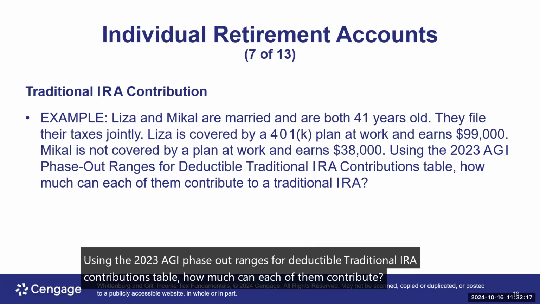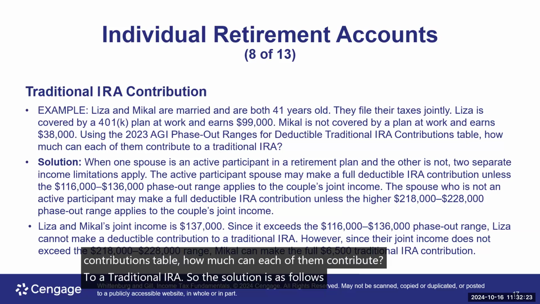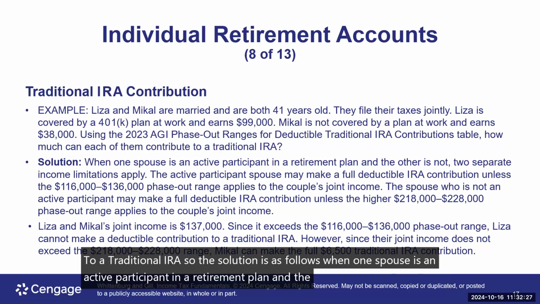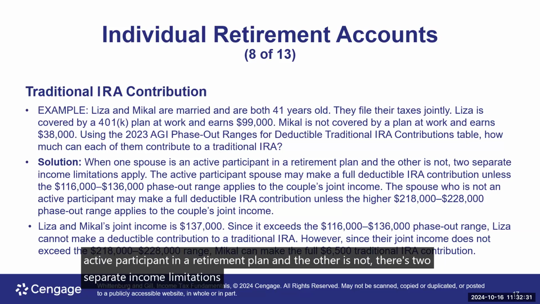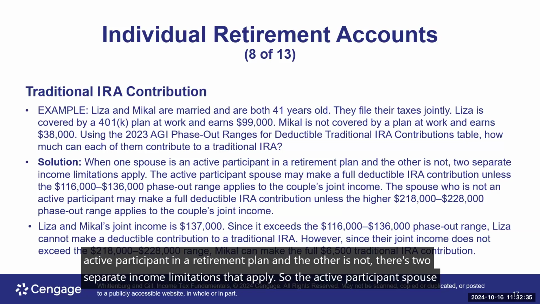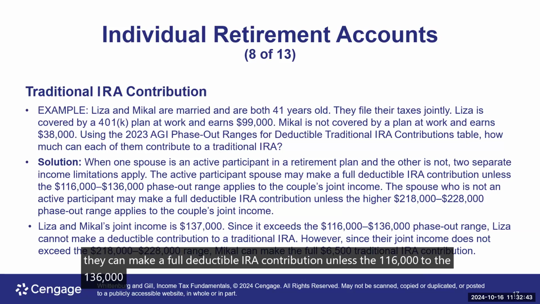how much can each of them contribute to a traditional IRA? So the solution is as follows. When one spouse is an active participant in a retirement plan and the other is not, there are two separate income limitations that apply. The active participant spouse can make a full deductible IRA contribution unless the 116,000 to 136,000 phase out range applies to the couple's joint income.